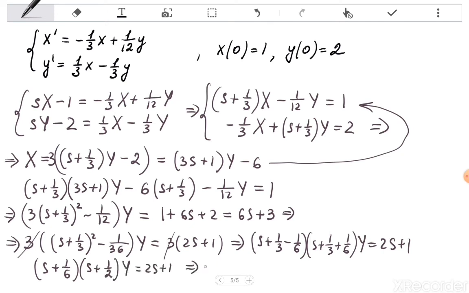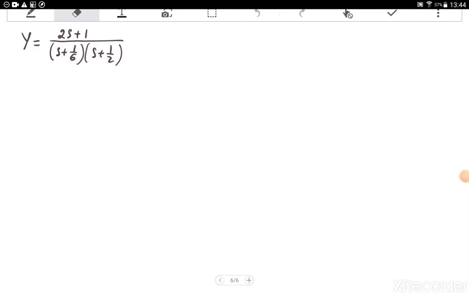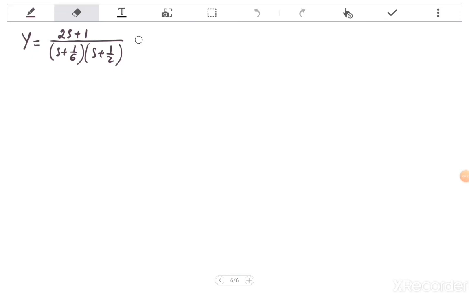So we obtain that y is (2s plus 1) over (s plus 1 over 6)(s plus 1 over 2). In fact, we can simplify this even more if you write 2 times (s plus 1 over 2) here, over (s plus 1 over 6)(s plus 1 over 2).